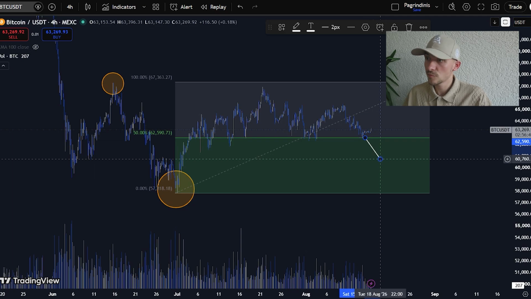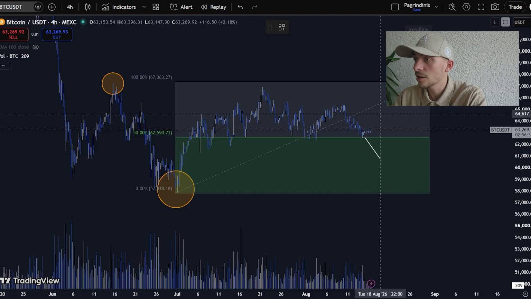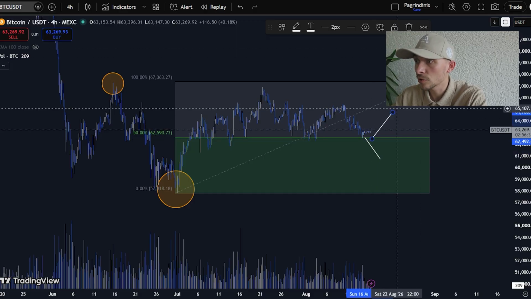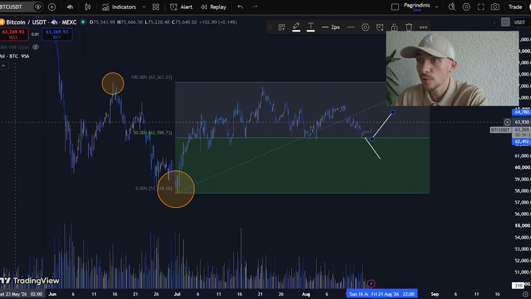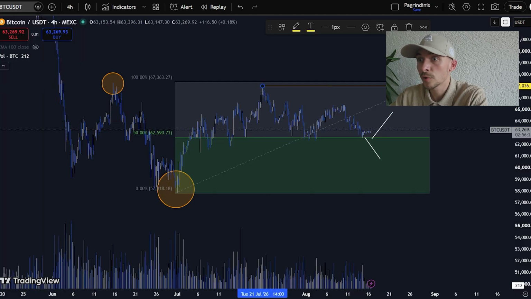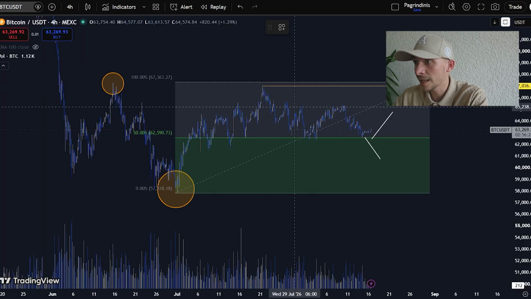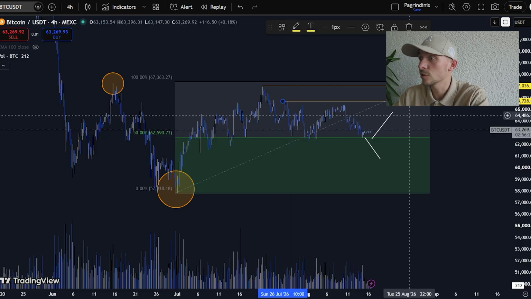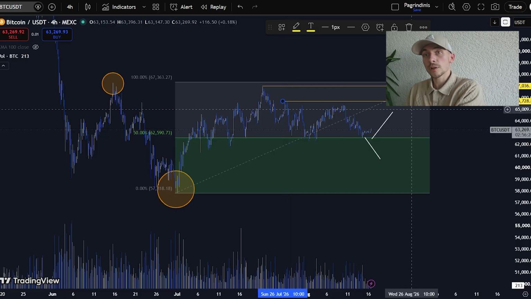Just if you're a day trader, what I am teaching you, if the market is going to stay here in the premium zone, what you have to do is simple: mark the highest points, mark the supply and demand, mark the support and resistance zones, and try to look for short positions.